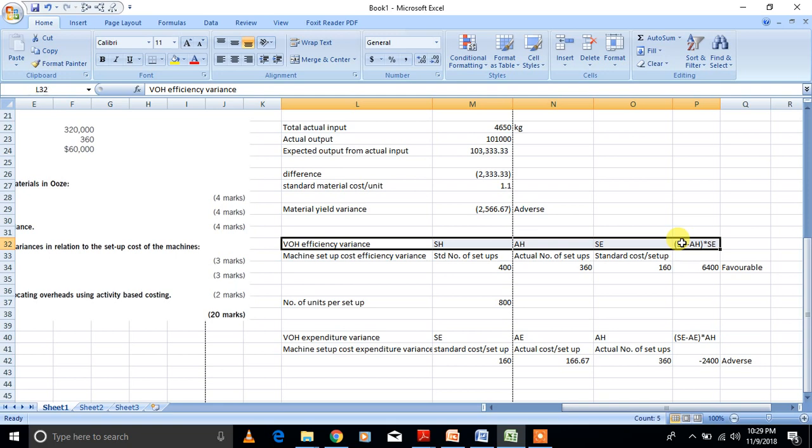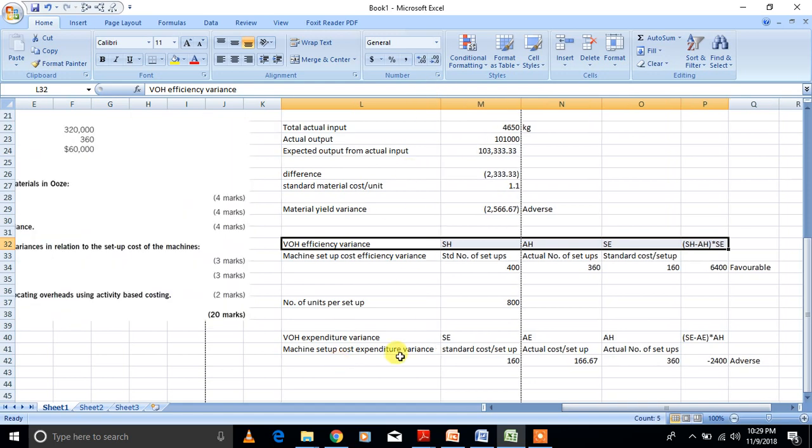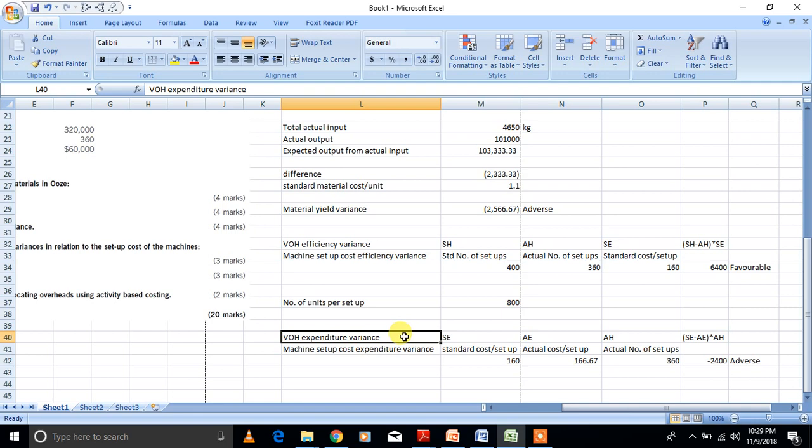Even if you leave it there, no problem. The marker would understand how you have derived this formula. Similarly, I'm deriving machine setup cost expenditure variance from variable overhead expenditure variance, because that is a known variance for me and this is quite a new variance for me. So I'm deriving a formula from a known formula to an unknown formula.